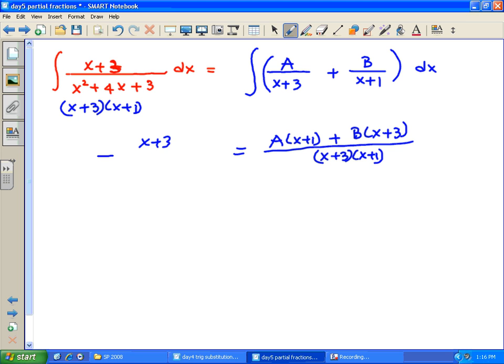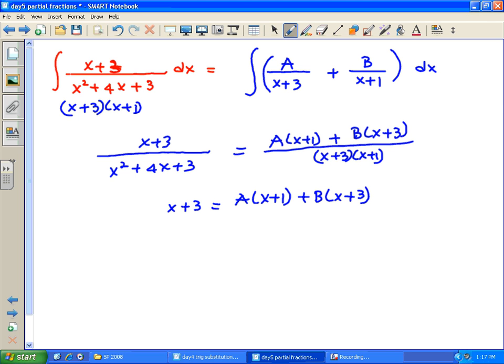This is the only time I'm writing it long like that, because from now on I will only write the tops. Once you get common denominators, the bottoms are the same, so you can multiply both sides by those bottoms. They cancel out. You only have to worry about the numerator. So I'll just write down that x plus 3 is equal to a times x plus 1 plus b times x plus 3.